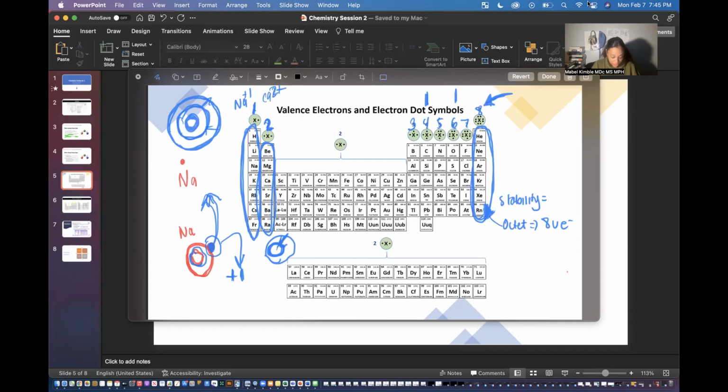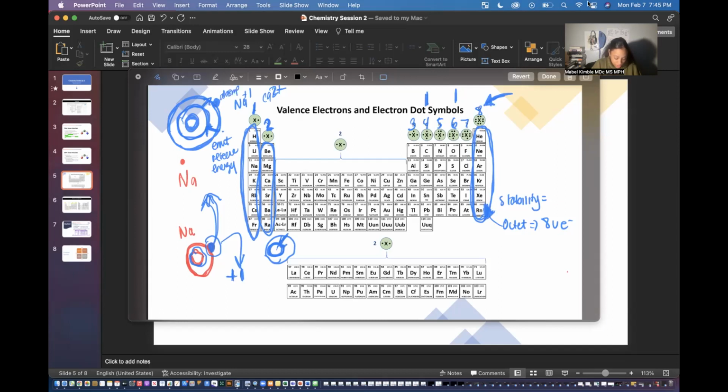So in this case, in group 1A, sodium has 1, and so it's going to want to go back 1, which means it's going to emit and release energy, compared to if it was going up, which is going to absorb, right?